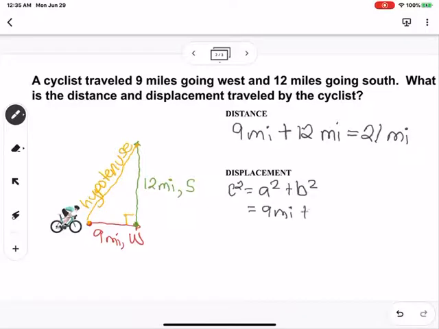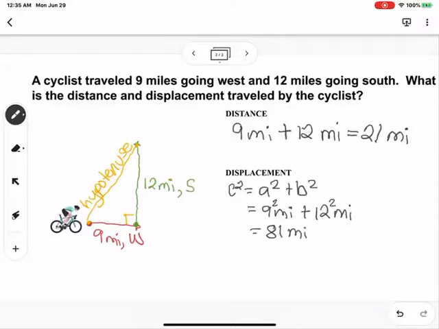Then your b squared is your 12 miles. So you square these two. So 9 squared is going to give you 81 miles.